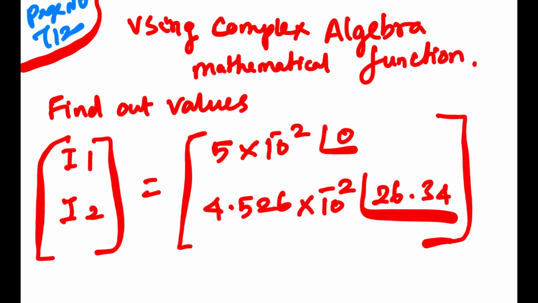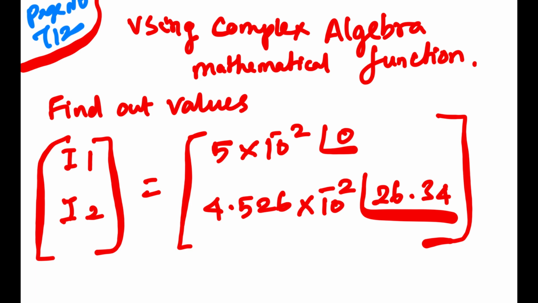In this method, we form matrix format. Then we use complex algebra to polar format and matrix mathematical functions. Find the determinant and A inverse value. From this value, we obtain the multiplication of the matrix to get I1, I2 values. I1 is 5 into 10 power minus 2 angle of 0. I2 is 4.526 into 10 power minus 2 angle of 26.34.